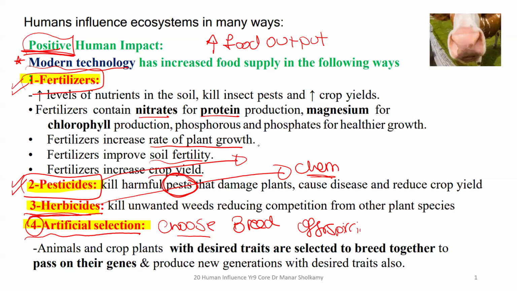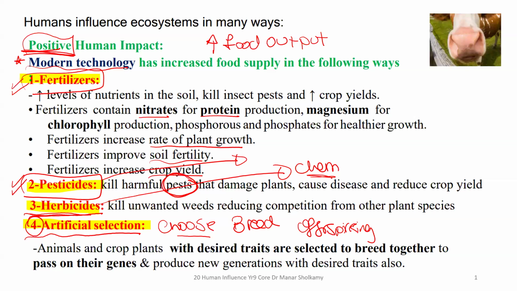Now, this is artificial selection. They ask about it many, many times. And the advantage of artificial selection is that with time, all our plants or all our animals will only have favorable characteristics. So these are the things that we do to improve our food output.